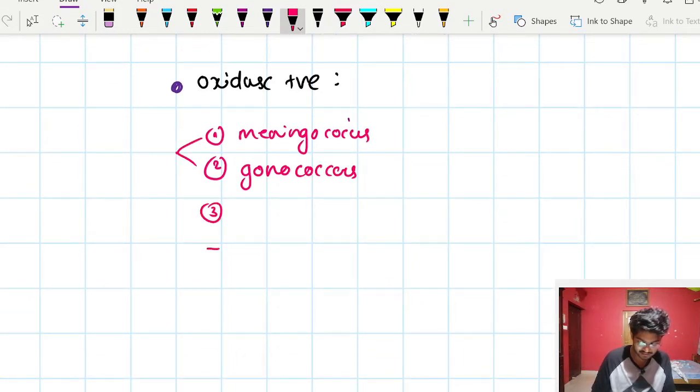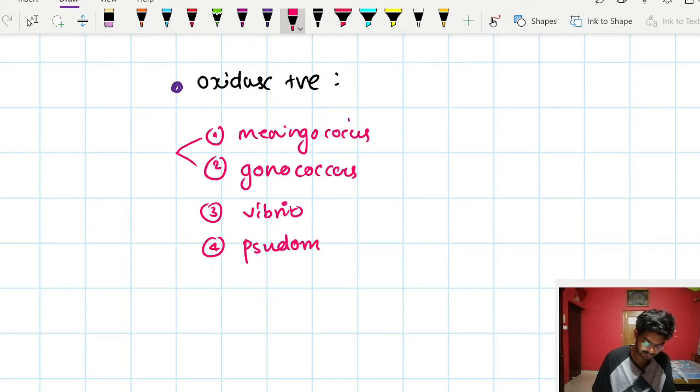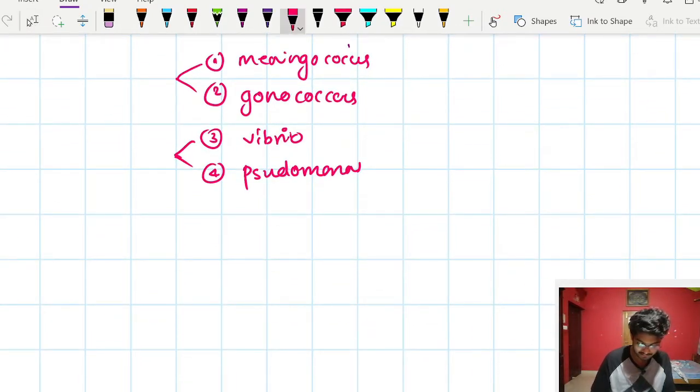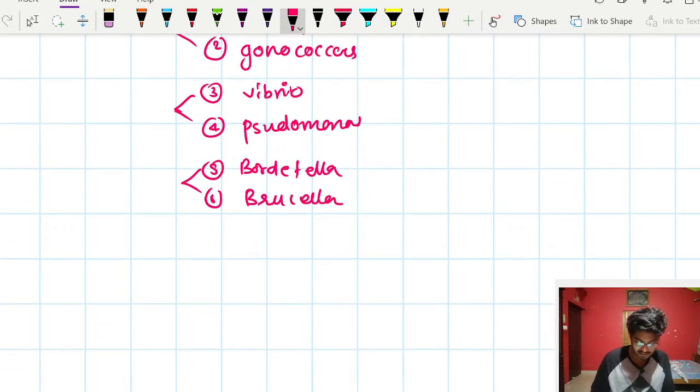Then our Vibrio and Pseudomonas. Okay, then there is our Bordetella and Brucella. Then there is our Campylobacter and Helicobacter.